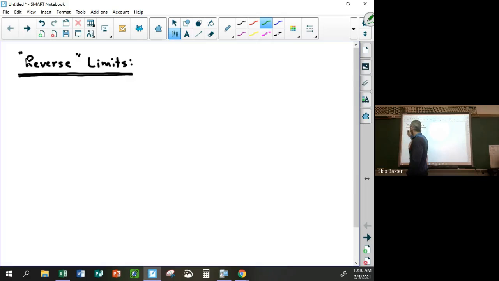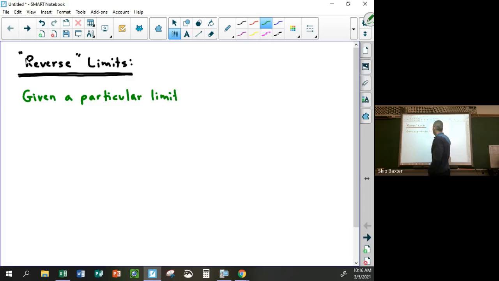So the idea here is, given a particular limit, find points on a graph that have that limit.